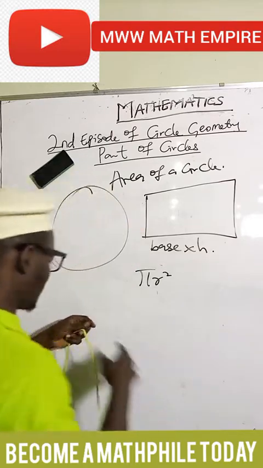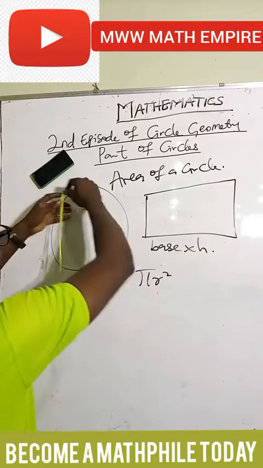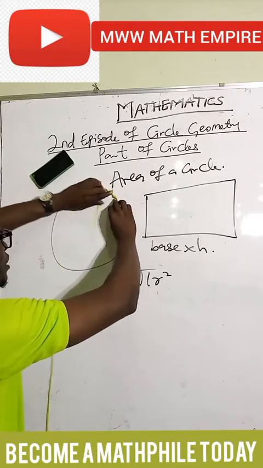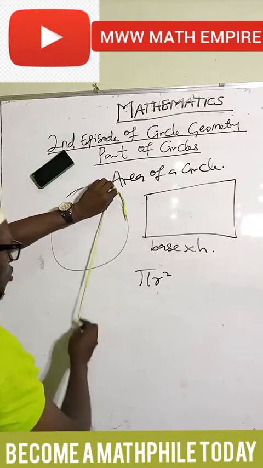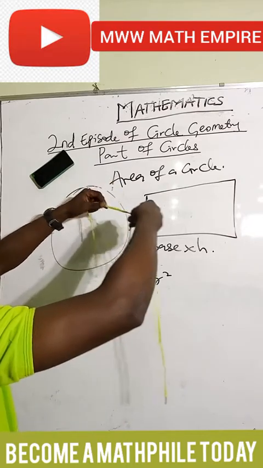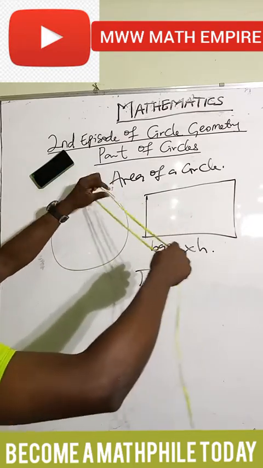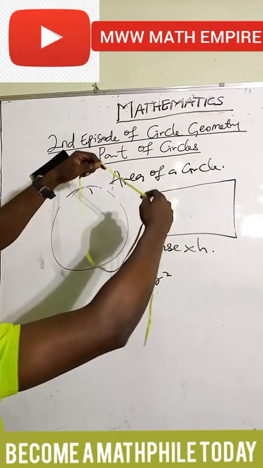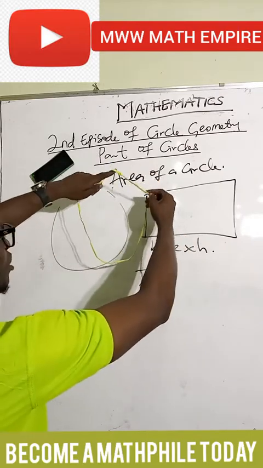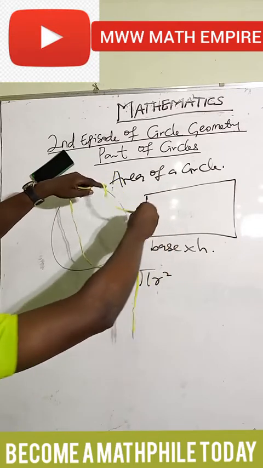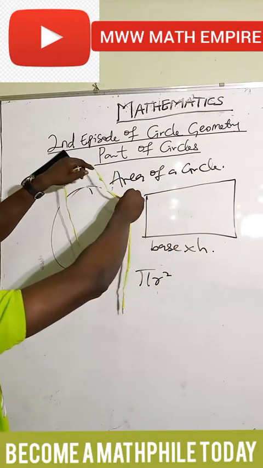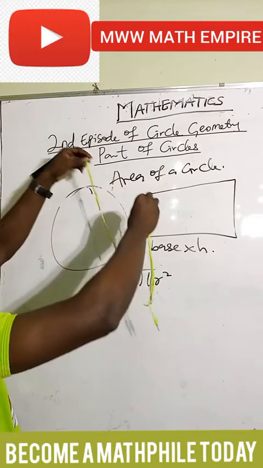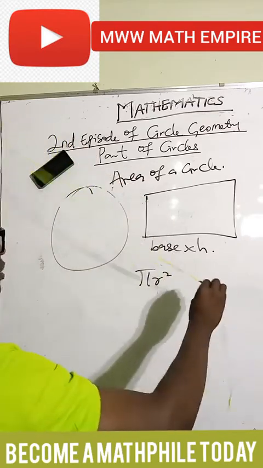Take a look at this circle that we have now. This is what I'm having on the board as the circle right now. Once I split this into two, this is the height.